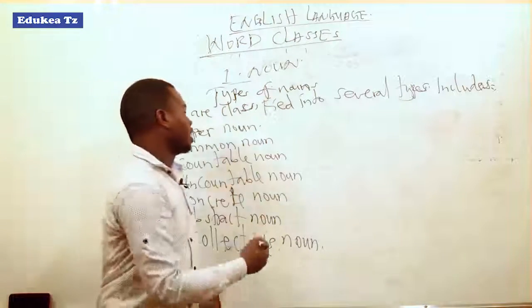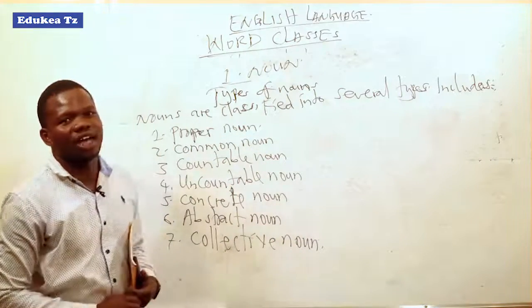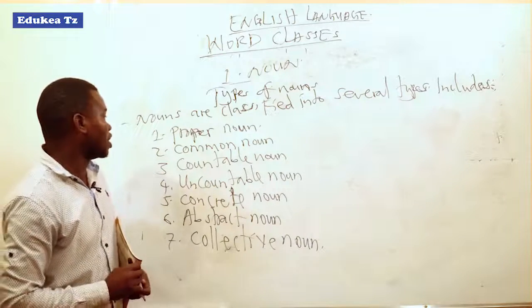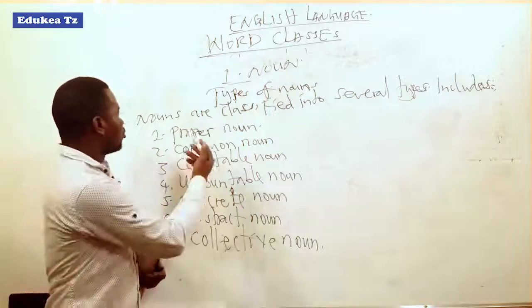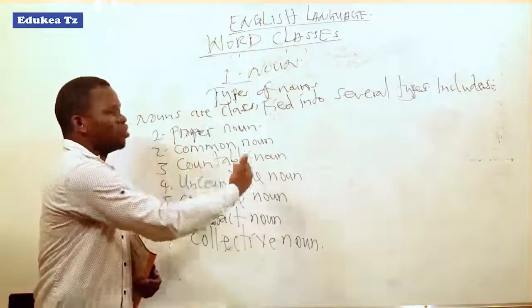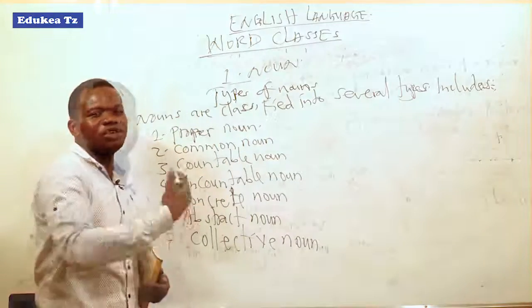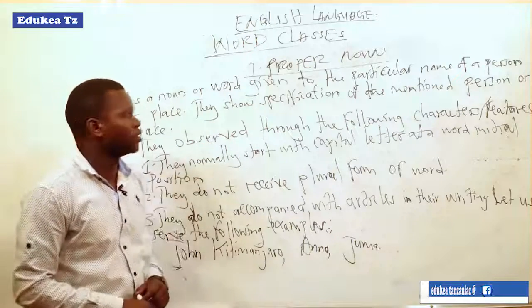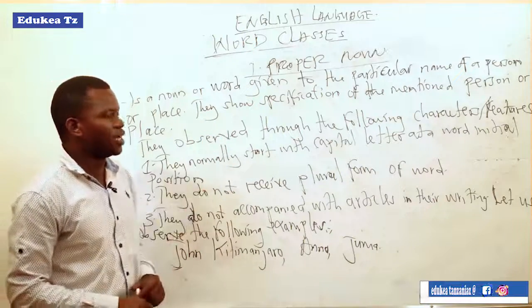So let us now check one after another so that we understand them. Why do we call it proper noun? How do they look? How are they used? Let us now proceed with those types of nouns, starting with the proper noun.